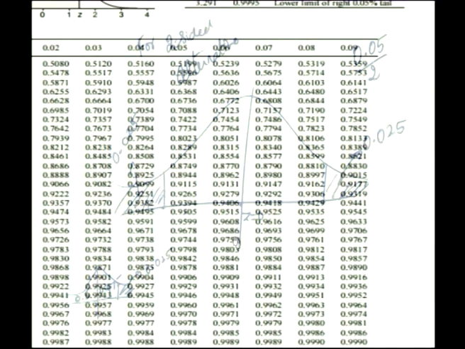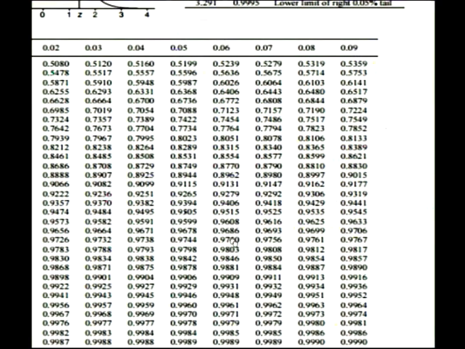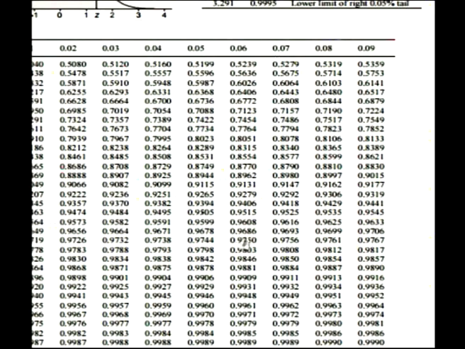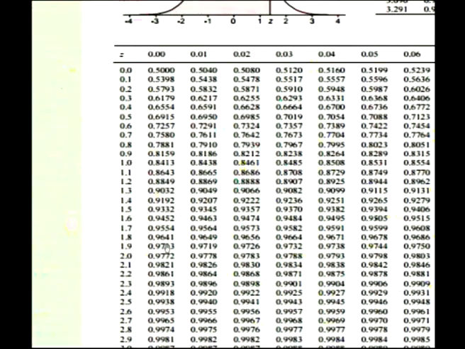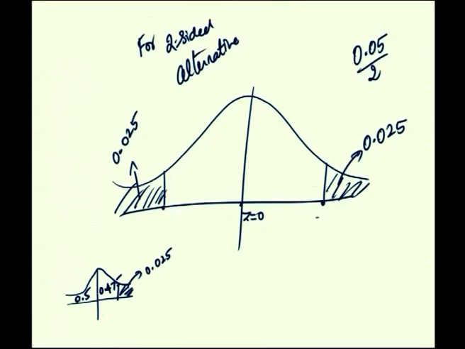Just look at this, the value 0.975, this is 0.975. It is corresponding to 1.9 and then 6. So, z value is here 1.96, because this is 1.96 from the tabular column, and here it is minus 1.96.